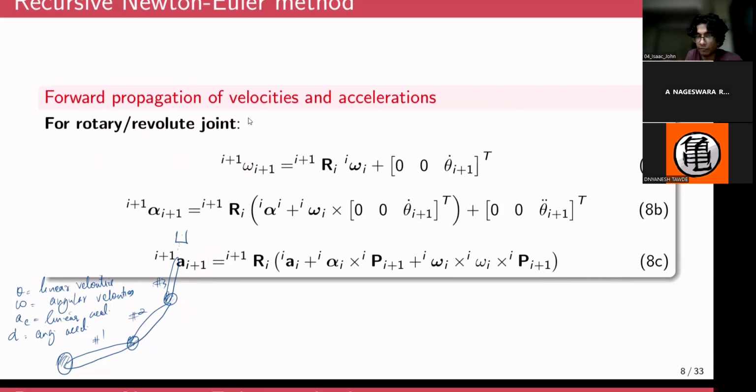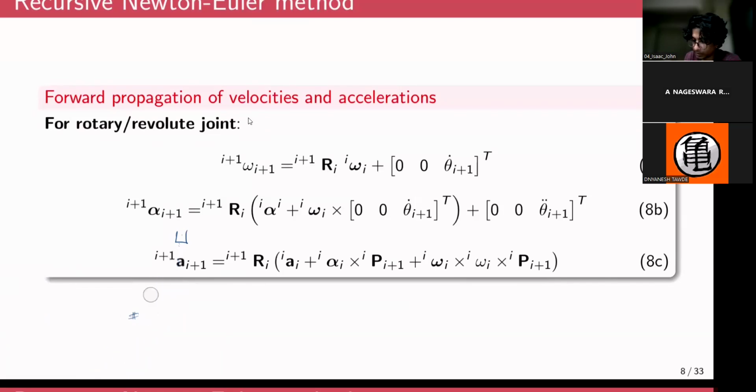And as we propagate in the forward direction, from the ground to the end effector, the velocities and accelerations get accumulated due to the effects of the actuators. So let's see how we can propagate the velocities and accelerations.